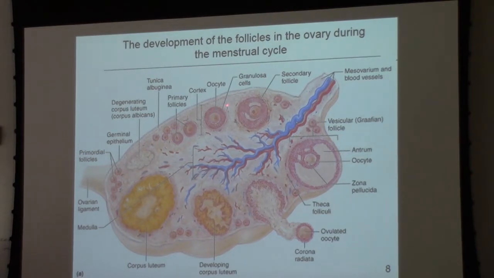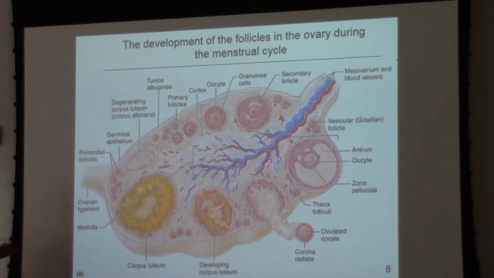The cells, so now let's talk about the cell types of the follicle. So inside the follicle is the oocyte. Surrounding the oocyte is a layer of cells called granulosa cells. This is an important name to know, granulosa.